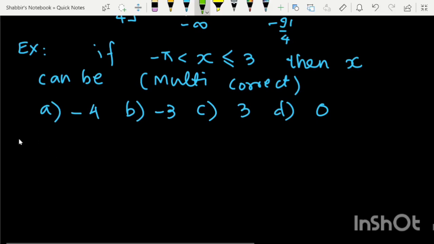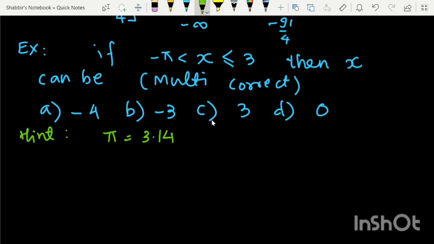So the hint is just plot this on the number line, or mentally also you can try. You need to understand that pi is equal to 3.14.